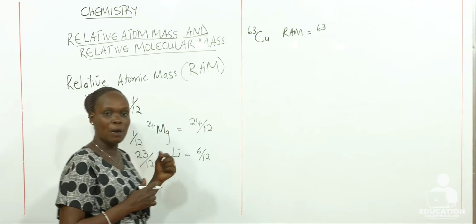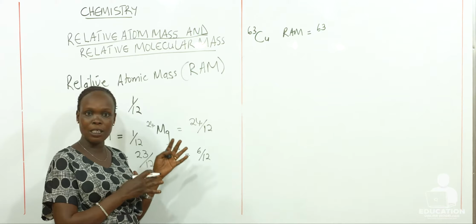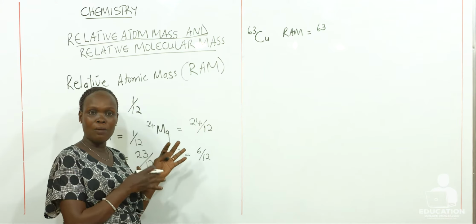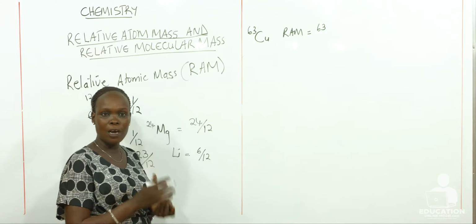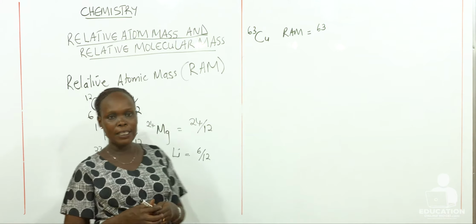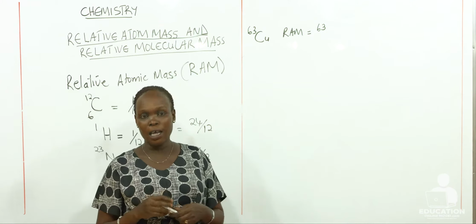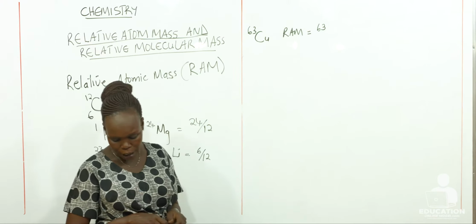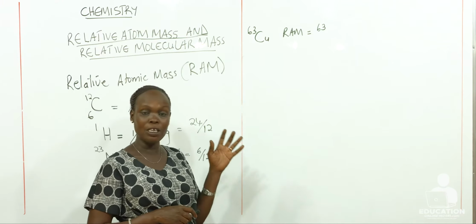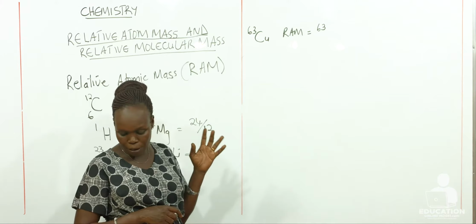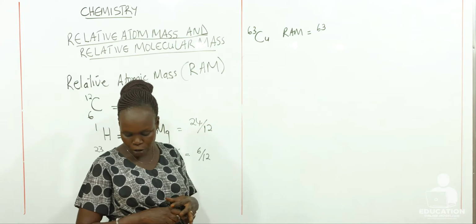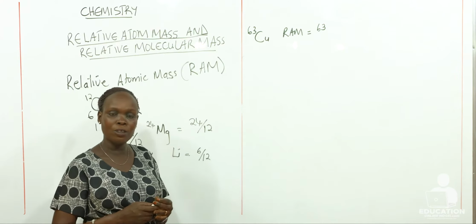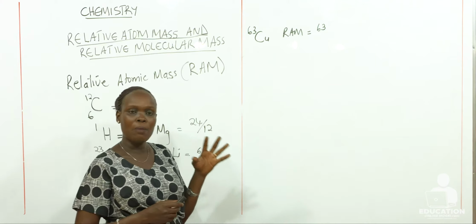So we are relating these elements' masses compared to the one of carbon, which we refer to as the reference element. Nitrogen, for example, has atomic mass 14, though it has the same number of particles.